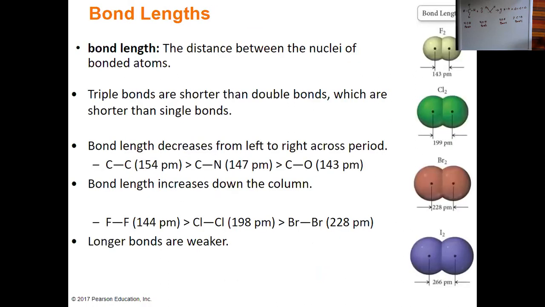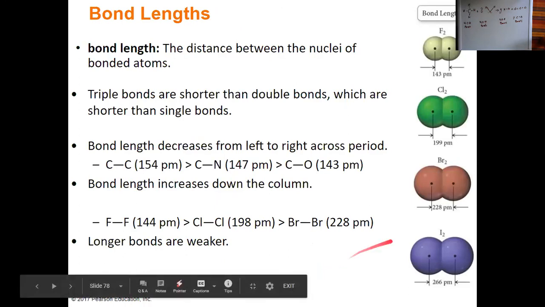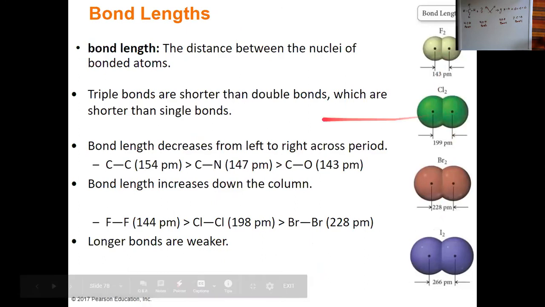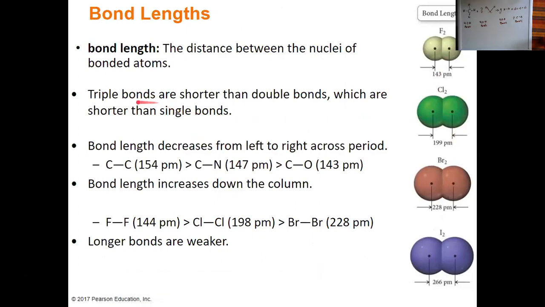Again, bond energy and bond length are connected. When we're talking about bond length, we are looking at the distance between two nuclei of different atoms. We see that triple bonds are going to be shorter than double bonds, which are shorter than single bonds.